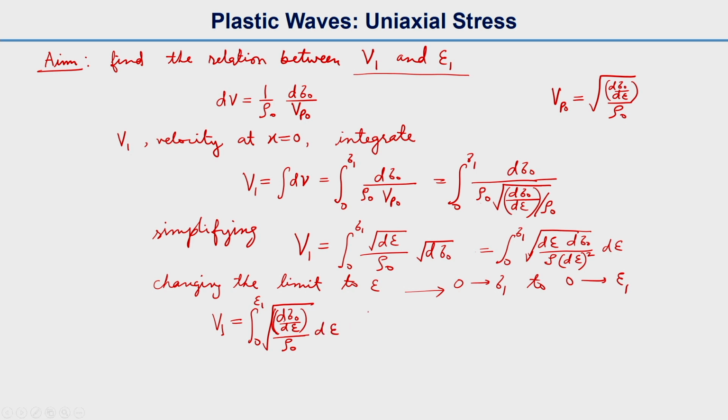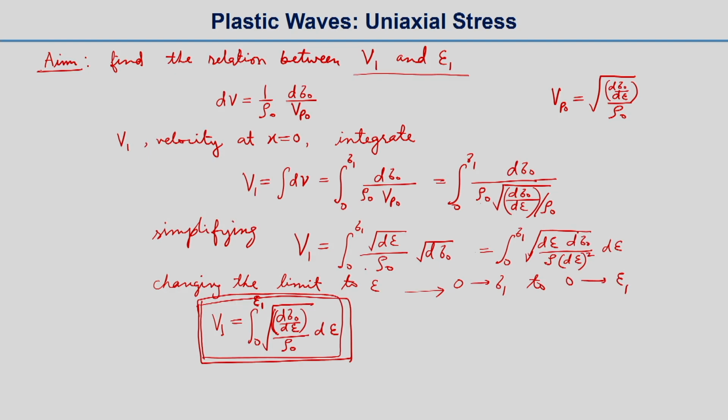Now we have changed the limit. This is the relation we got for V1 with a limit 0 to epsilon 1. Sorry, I left out the square root over rho naught, and also this rho should have been rho naught.